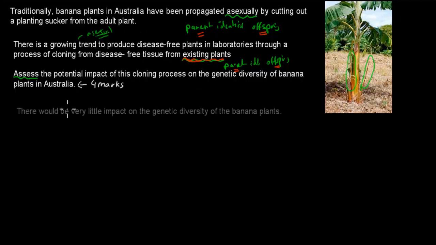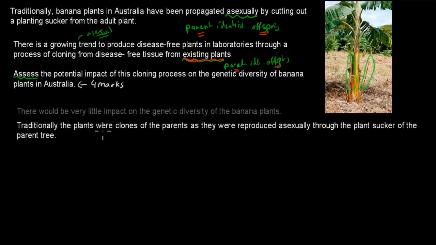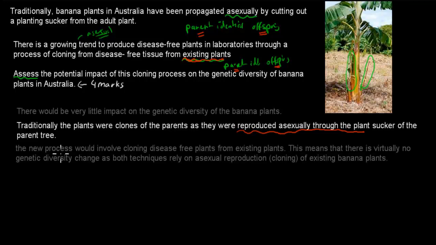First I wrote, there will be very little impact on the genetic diversity of the banana plants. That's my statement. Traditionally, the plants were clones of the parents as they were reproduced asexually through the plant suckers of a parent tree. Right, so that's more or less cloning. Then what I wrote is new process would involve cloning disease-free plants from existing plants.